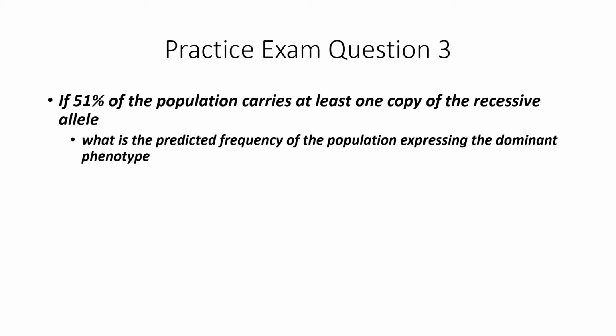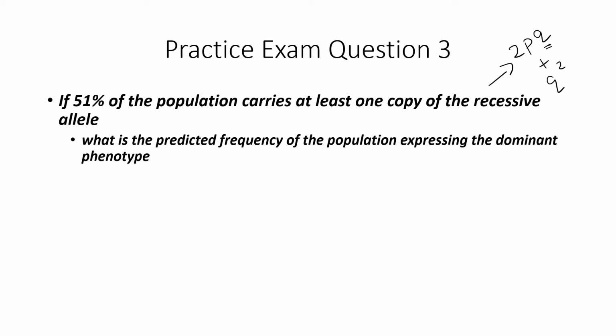This one's a little trickier because when they say 51% of the population has the recessive allele, what they are talking about there is the 2pq, that's a recessive allele, and q squared.